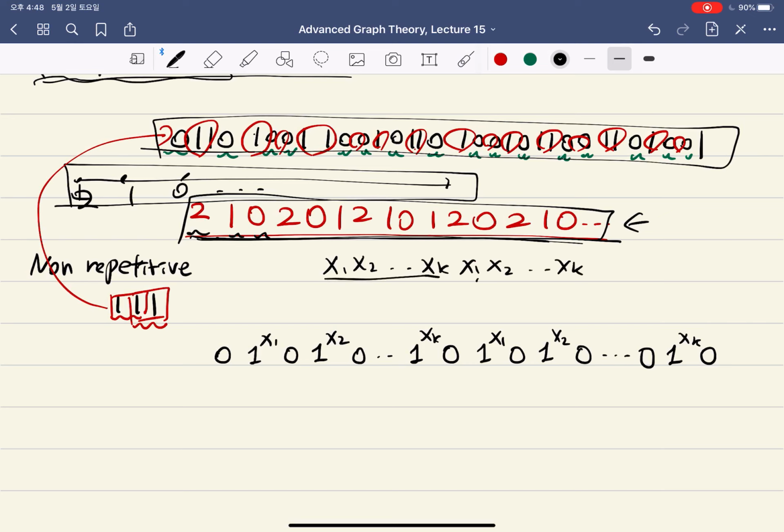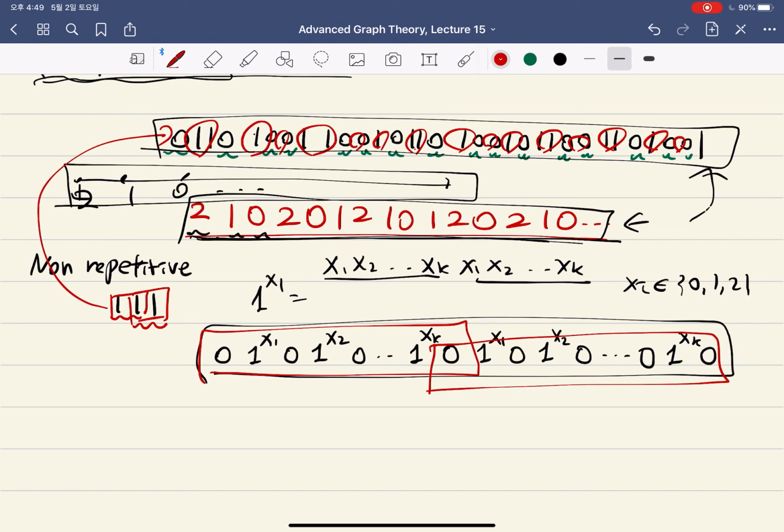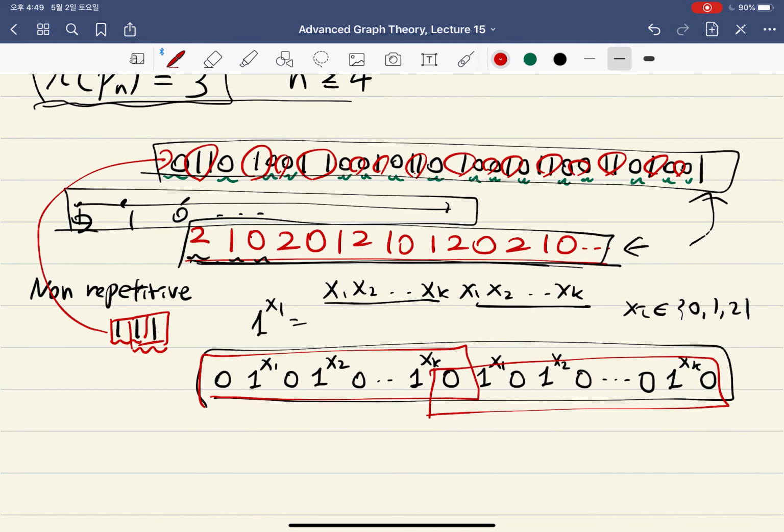That means in the original sequence we have this. So 1 to the x1 is x1 many consecutive 1s. This xi could be 0, 1, 2. In that case, this part and this part are identical and overlapping, which is a contradiction to this property. So we can check that this actually yields a non-repetitive coloring of a path of any length.